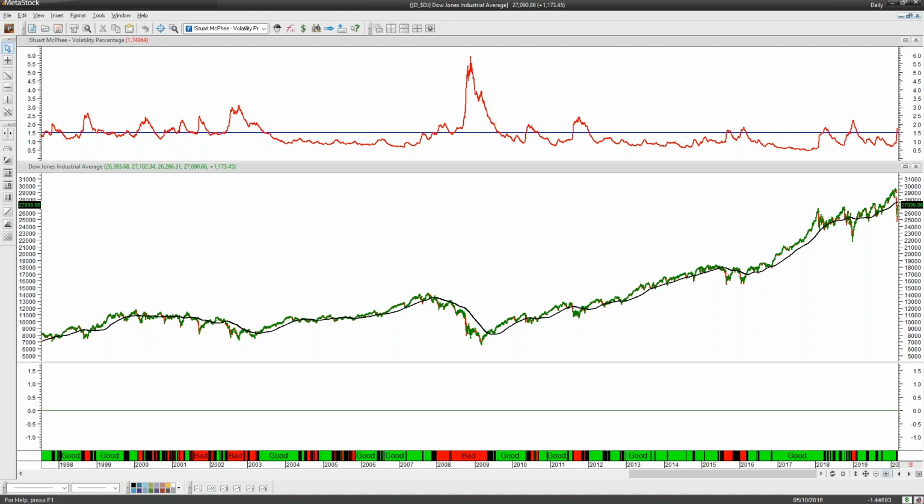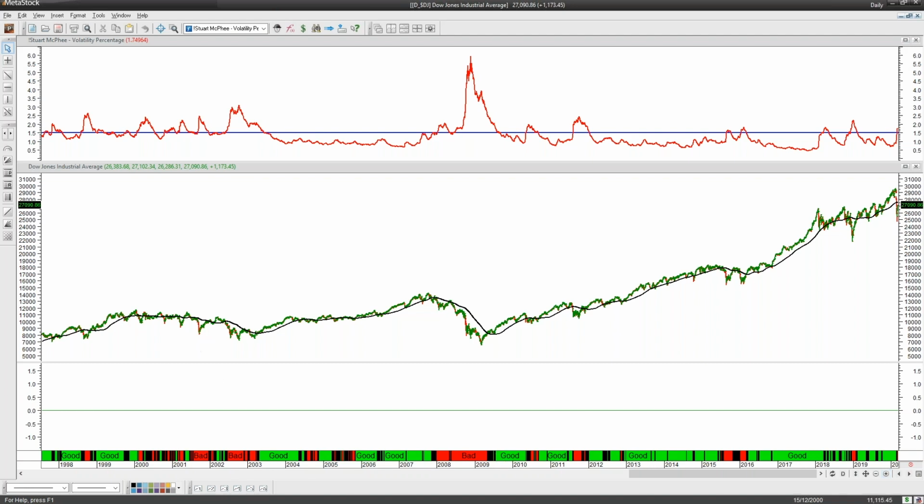What you will also notice is whenever it is above the 1.5% level, normally the market is falling. In fact, almost every single time you see the volatility percentage spike and remain above 1.5, above that blue line, you'll find the market is falling.